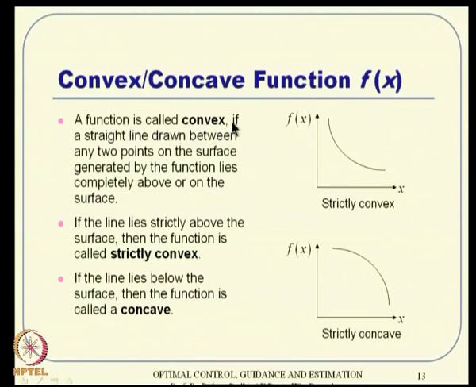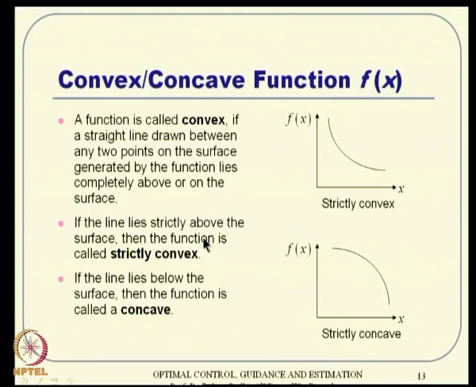A function is called convex if a straight line drawn between any 2 points on the surface generated by the function lies completely above or on the surface. At a tangent point, it lies on the surface at that single point only.